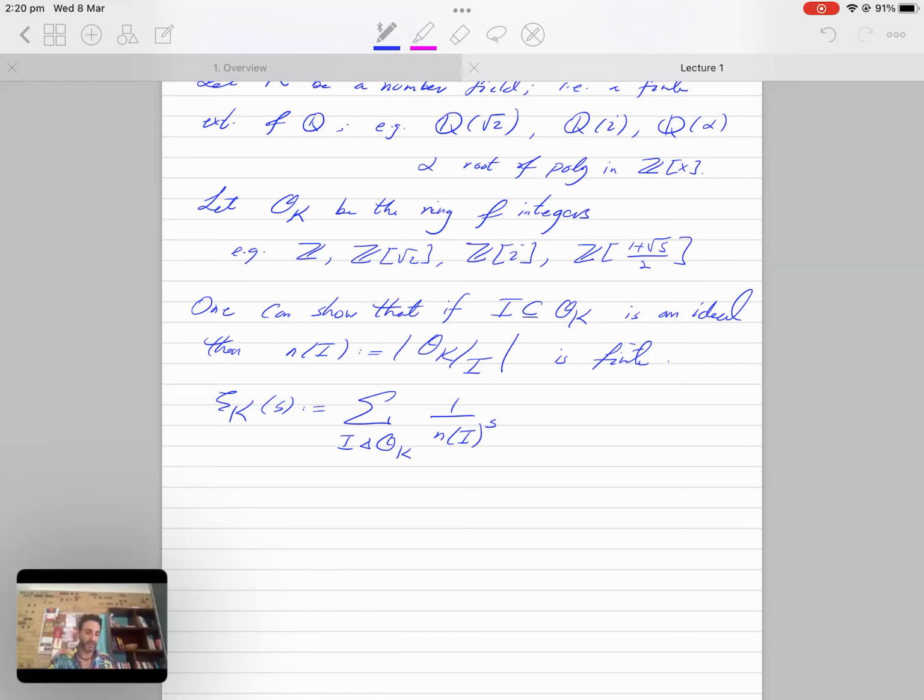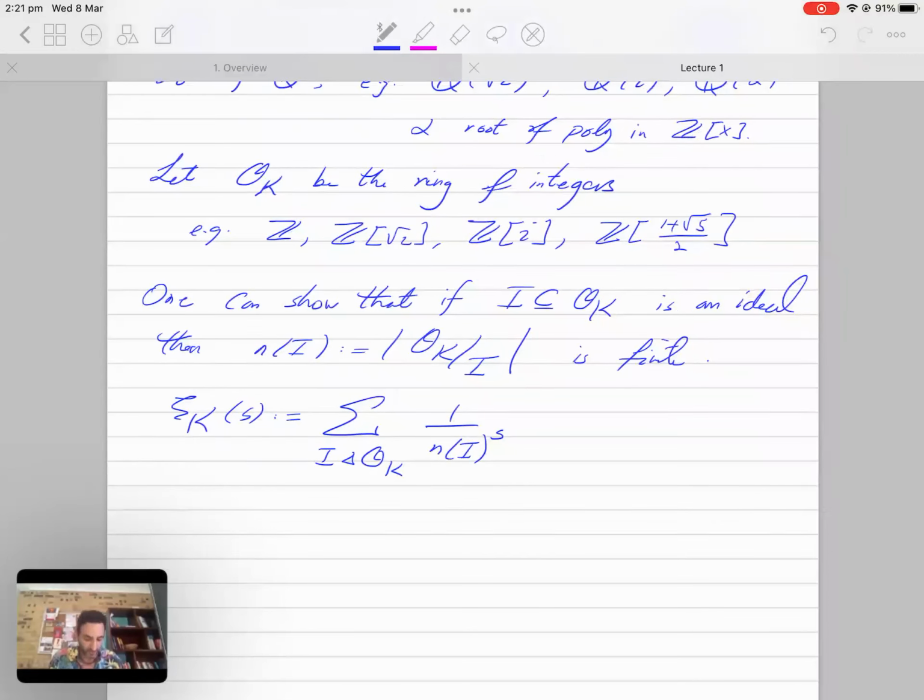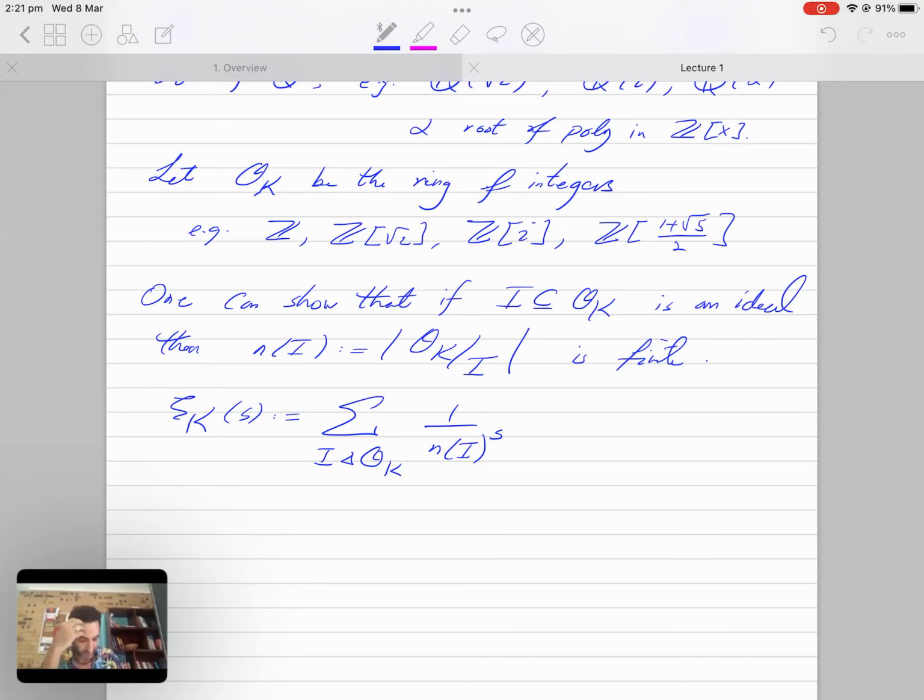When K equals Q, this just reduces to the usual zeta function. The ideal shouldn't be 0. Any non-zero ideal in Z is given by integers, and the norm is given by that integer. So you get 1 over n to the s.